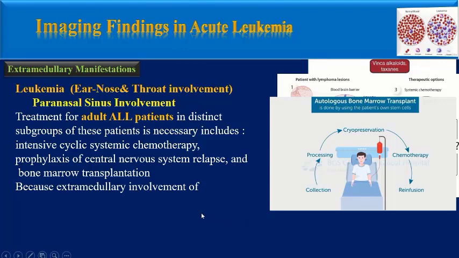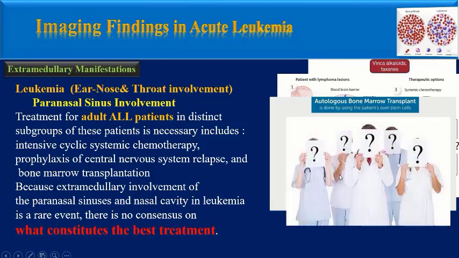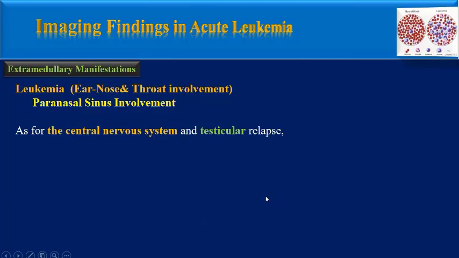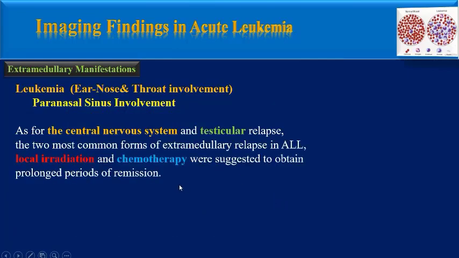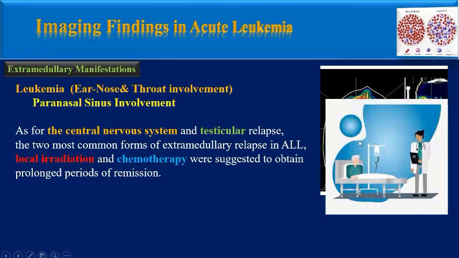Because extramedullary involvement of the paranasal sinuses and nasal cavity in leukemia is a rare event, there is no consensus on what constitutes the best treatment. As for central nervous system and testicular relapse, the two most common forms of extramedullary relapse in ALL, local irradiation and chemotherapy were suggested to obtain prolonged periods of remission.